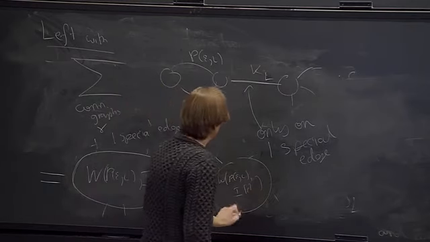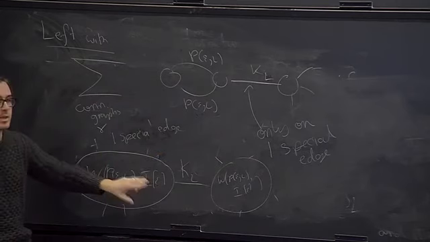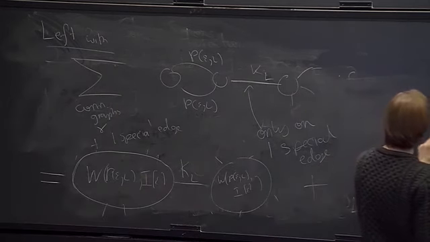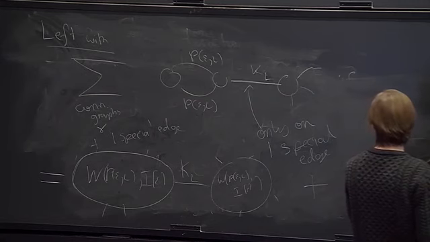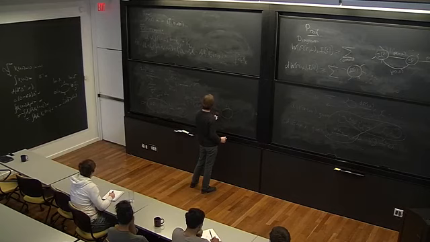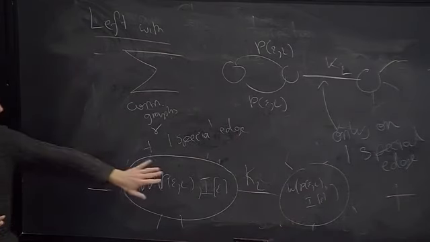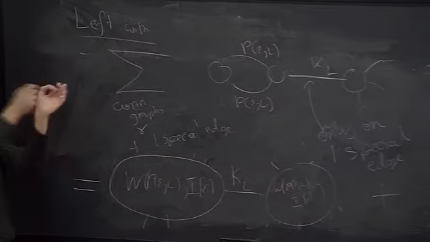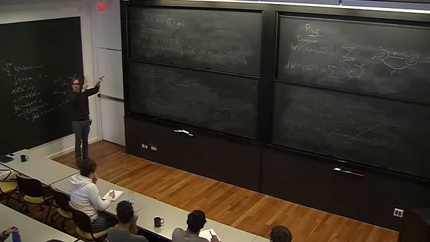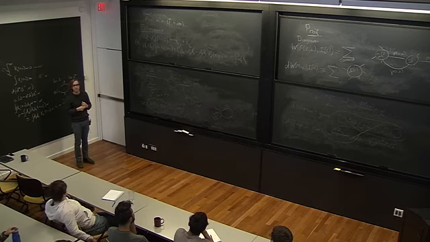So either I'm breaking it up into two graphs, each of which looks like applying the RG flow, or I have one graph which looks like I've applied the RG flow. So we've concluded that applying the Dorama operator to this is the same as taking the sum of these two terms, where I have a KL in the middle. I've done this by applying it to every edge and vertex, making up this big sum. A bunch of the terms cancel, and these are the ones that don't cancel.